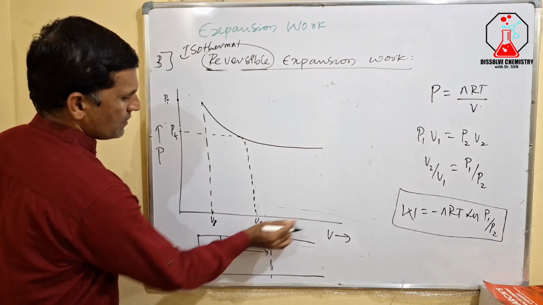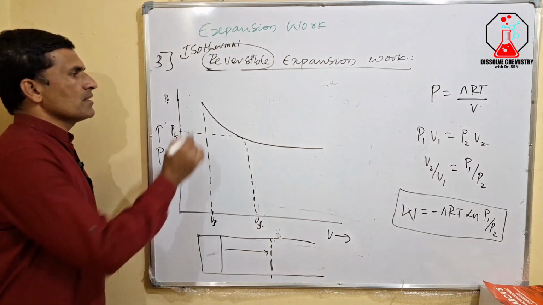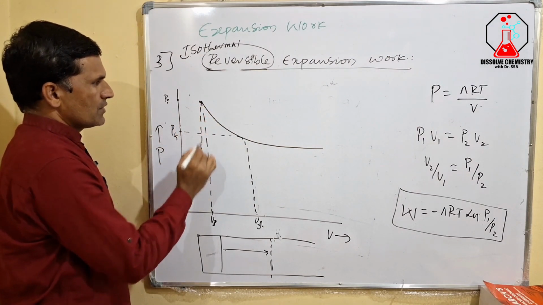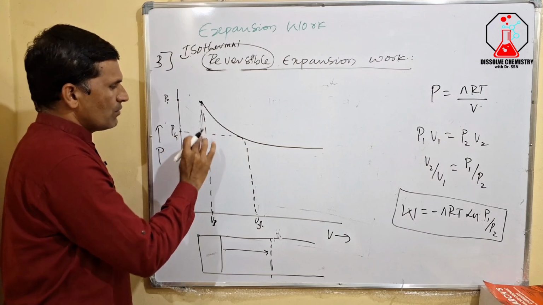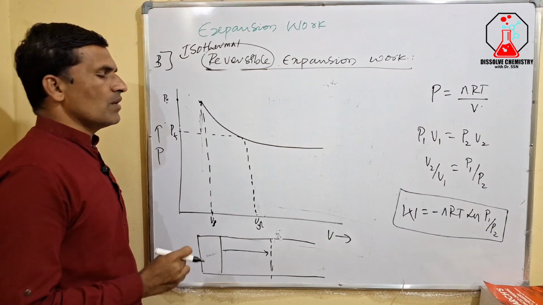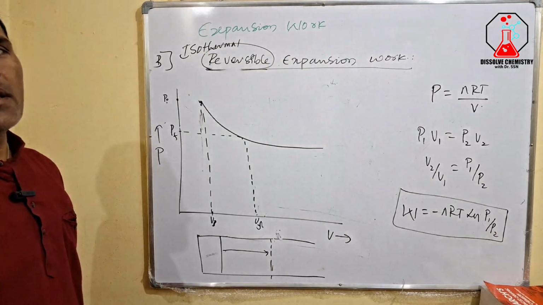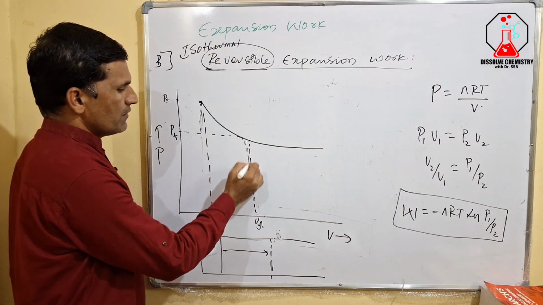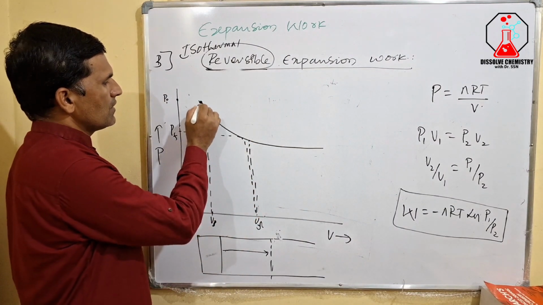So how is this reversible expansion happening? Every moment there is a slight decrease in the external pressure leading to what? Expansion of the gas. So what we will get is a curve like this.